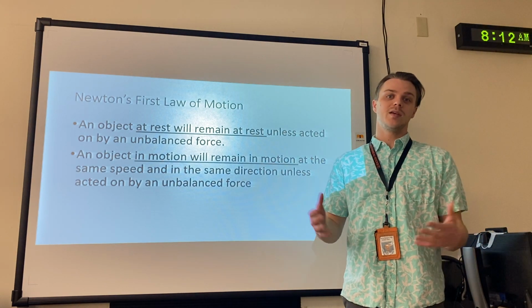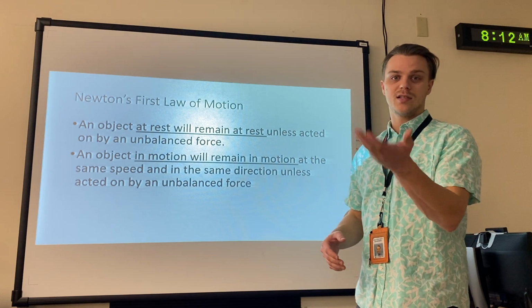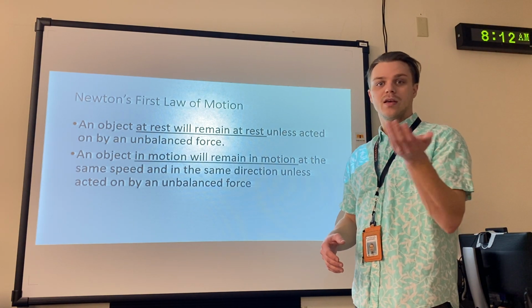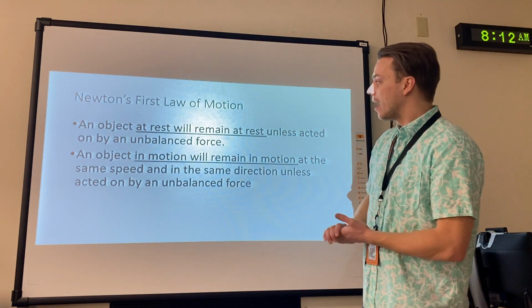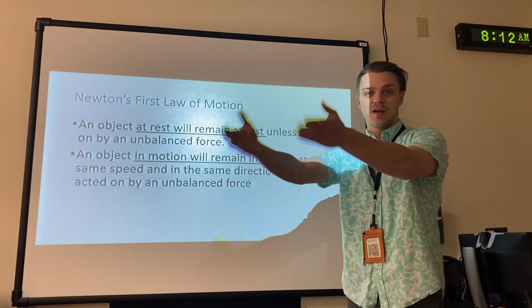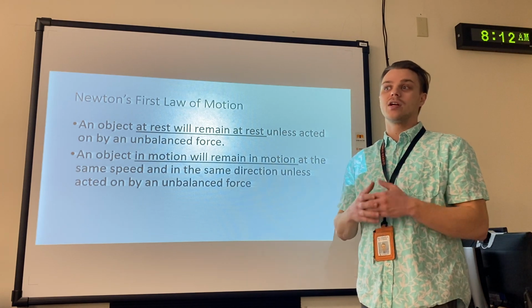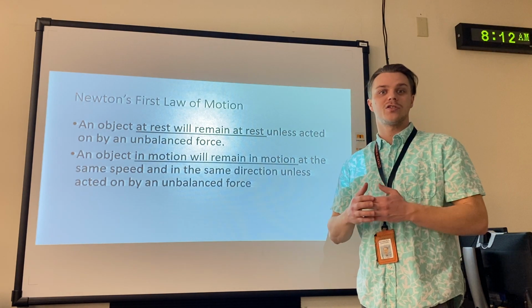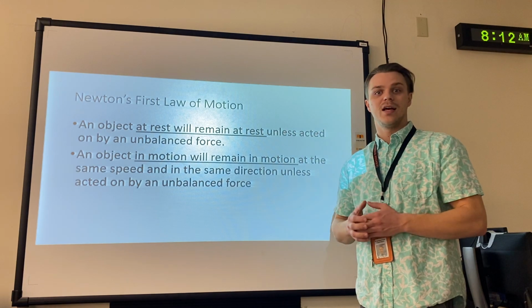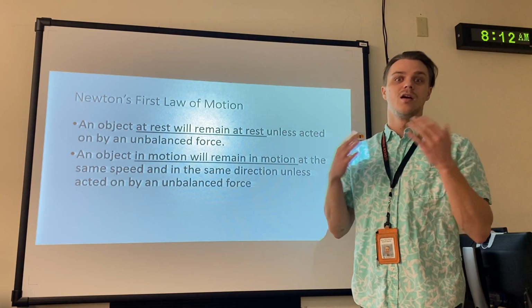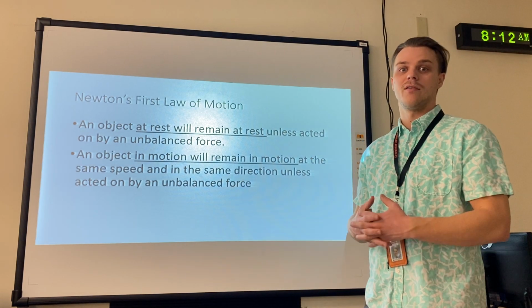What this really means is if an object is sitting still and there's no forces being added or removed from it, it will remain still. And if an object is moving and there are no forces acting on it, it will continue to move in that direction forever, unless something else comes into contact with it or interacts with it. That would be another force, an unbalanced force.